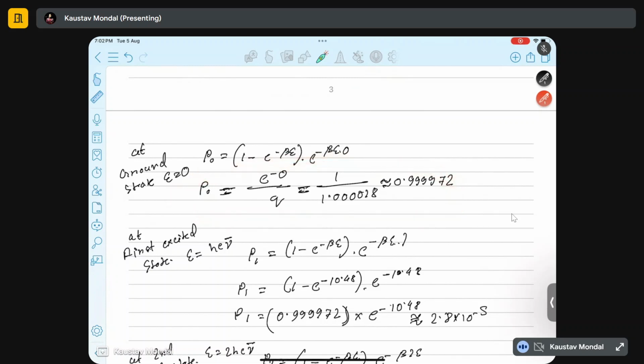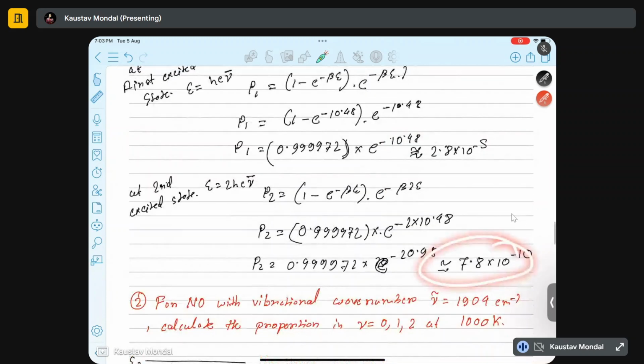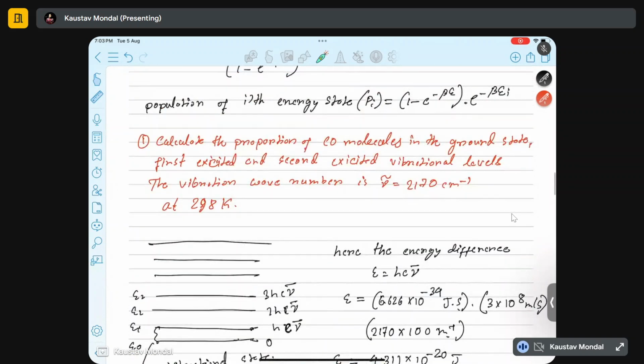At the first excited state the probability is of the order of 10 to the power minus 5. Similarly, in the second excited state it's much lower, of the order of 10 to the power minus 10. The reason is, as I have discussed, low temperature.